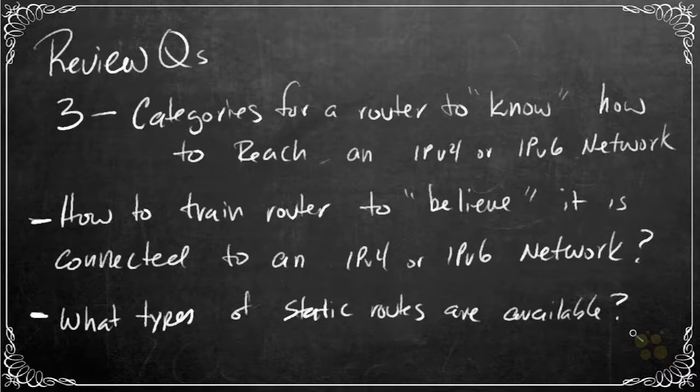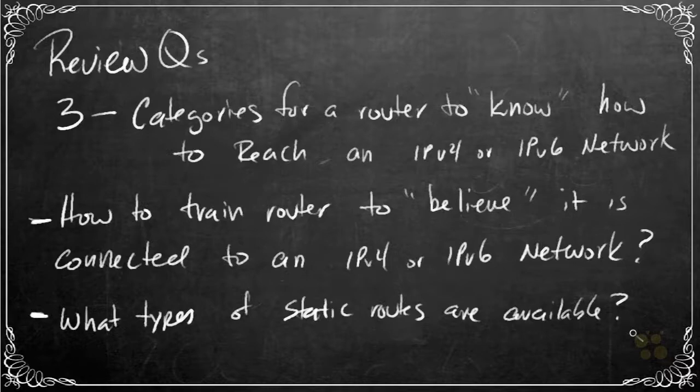We have static routes that can train a router on how to reach a given network, like a 24-bit network or a 64-bit network or whatever the length of that network is based on the type and flavor of IP. So that would be a network-based static route. The second option that we took a look at was host-based static routes. That's a route to the full IP address, the full 32-bit in IPv4 or the full 128-bit in IPv6. So those would be static host routes.